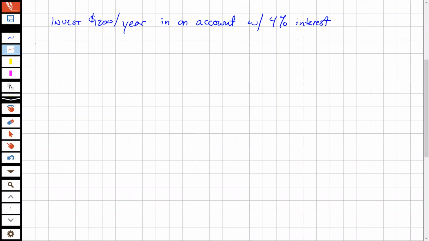So the first thing we're going to do is, number one, define the problem. We're going to define here A as our account balance, and A is some function of time. We're not looking at the space money, we're looking at how the account balance changes over time.